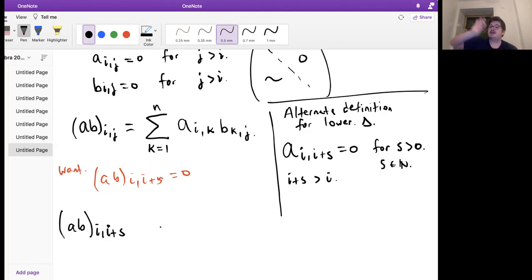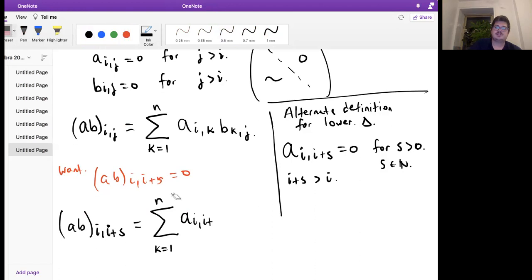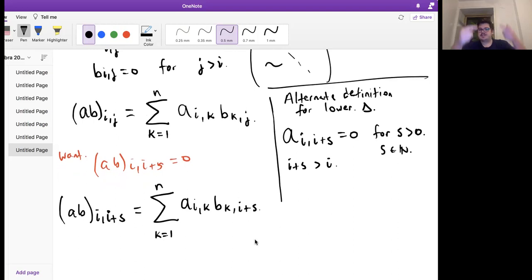So I'm only looking at the upper right entries. Okay, everyone see the transition from j to i plus s?